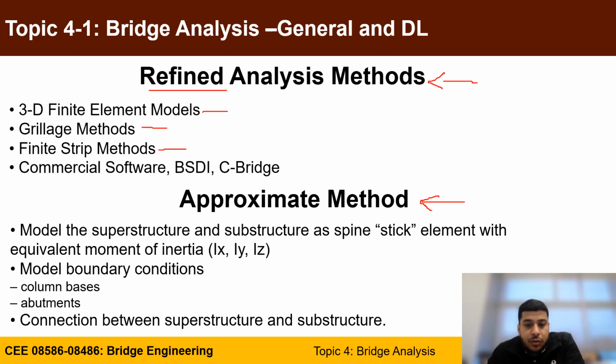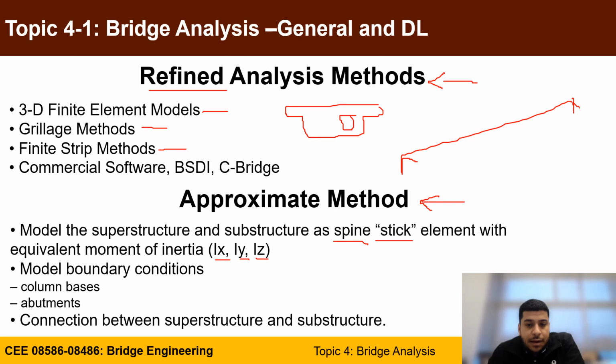We also have what's called the stick model or spine model, where you lump all the moments of inertia around X, Y, and Z in a stick model. For example, say you have a box girder.